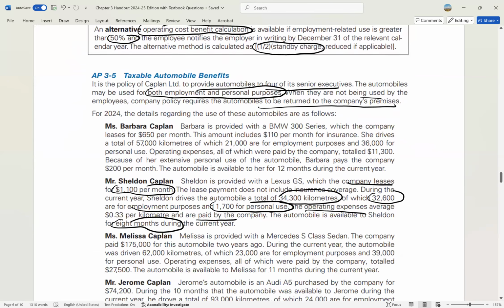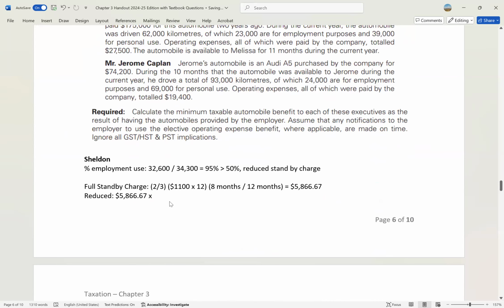So Sheldon uses the car for personal use 1,700 kilometers. So what we would do then is times the fraction of 1,700 kilometers divided by, and I'll put this in brackets as well, 1,667 per month times months of availability.